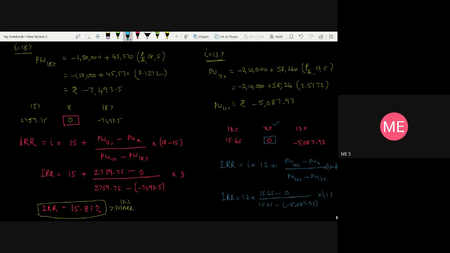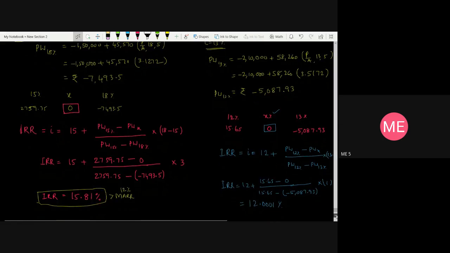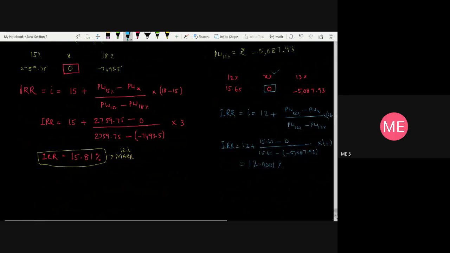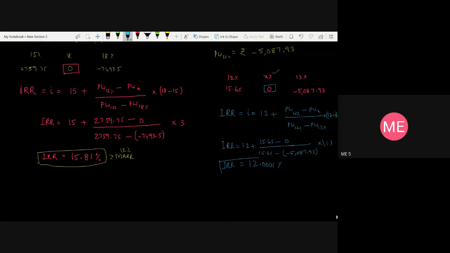What value I'm going to get is 12 point, and this will become very minute, nearer to 0, say for example 0.001 percent. So this IRR is approximately equal to the MARR. Of course, this is also acceptable.